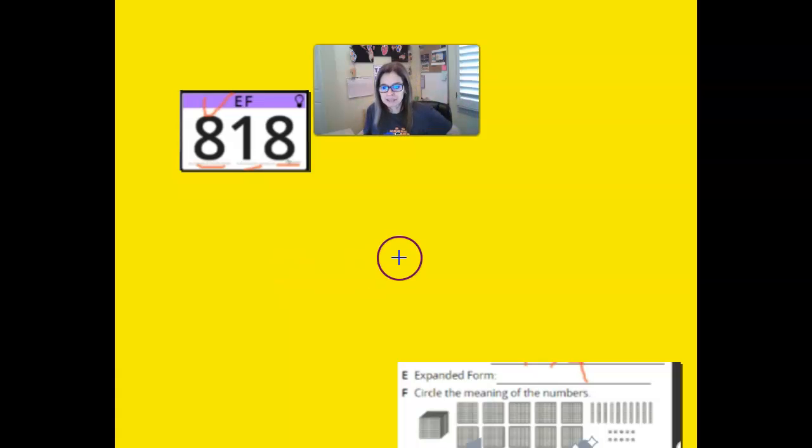The hundreds place. So 8 in the hundreds place is 800. Check. Now 1 in the tens place is 10. We're not done because there's another digit there, isn't there? Then the ones place, 8 ones is 8. So that's the expanded form. 800 plus 10 plus 8 equals 818.